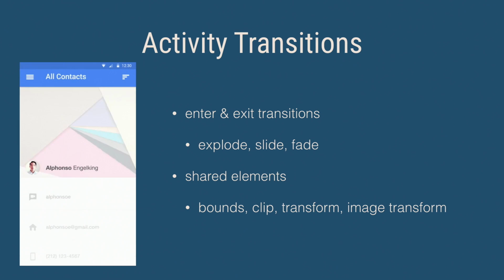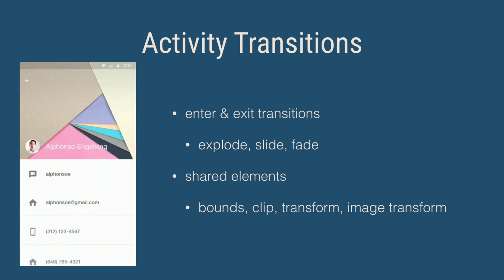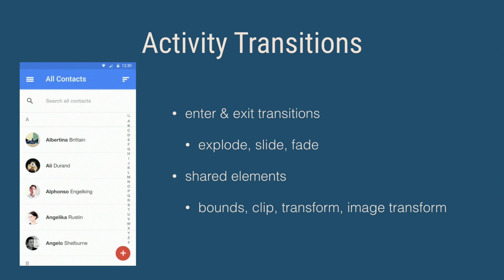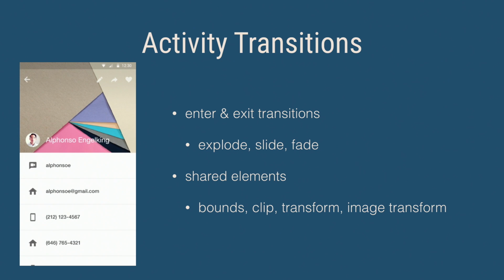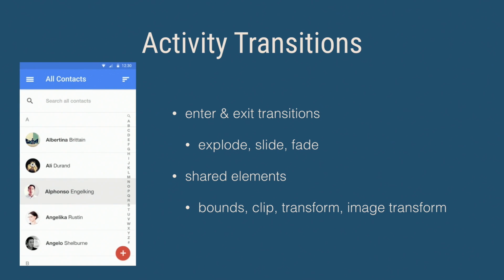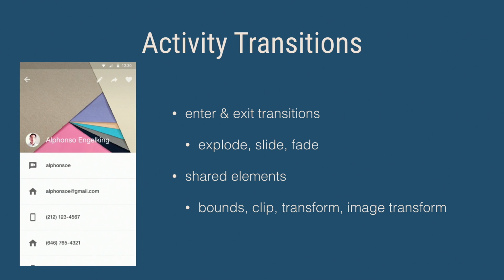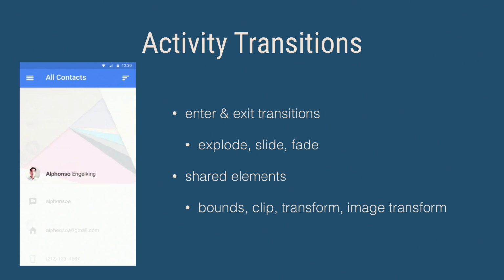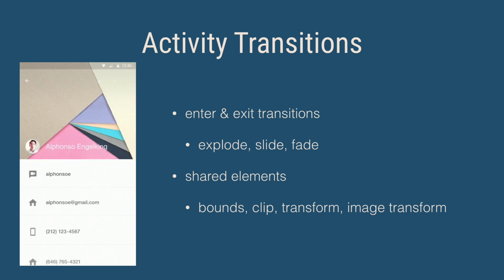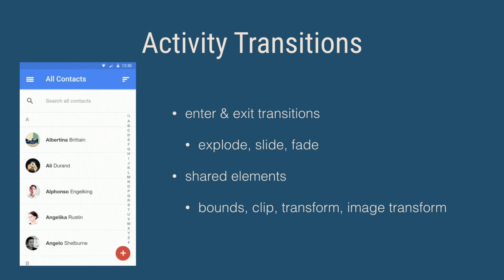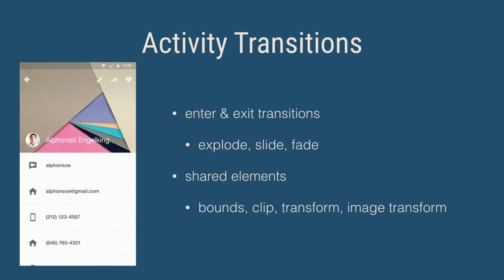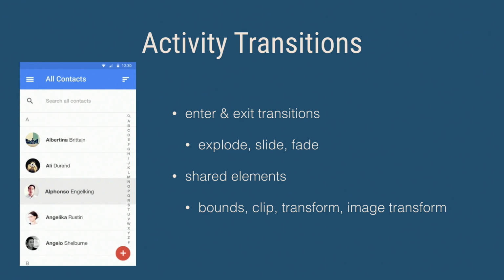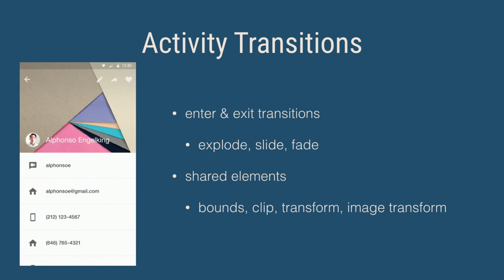So another kind of animation is the activity transition. This one is where you have two activities and you need to transition between one and another. Normally what just happens is one app just dies and the other app just comes up. But if you learn how to do it, you can capture a view or an image from the previous activity, and morph it into the next activity seamlessly, so it looks like the content just flowed from one to the other.